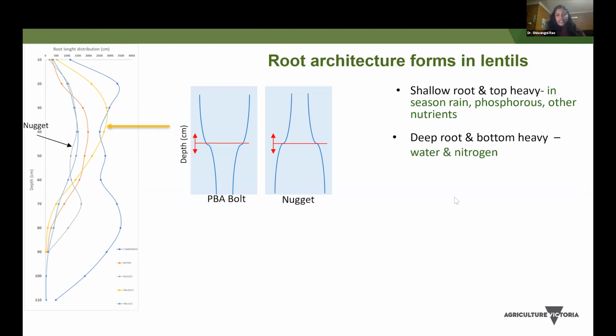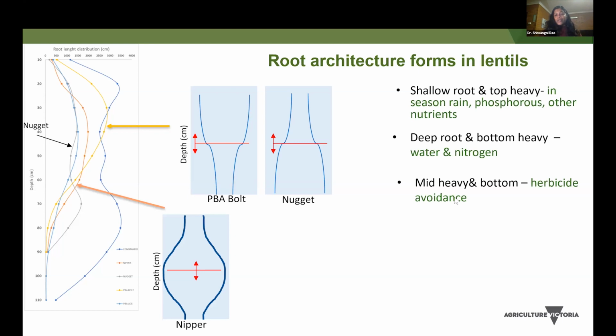The second one identified was a deep and bottom heavy root system. So if your roots were mostly dominant in the bottom section, such as this variety Nugget, it would be beneficial where you had subsoil moisture available at depth and to access nitrogen. The third one was a middle heavy root system, and most of the roots are in the 40 to 60 centimeter zone.